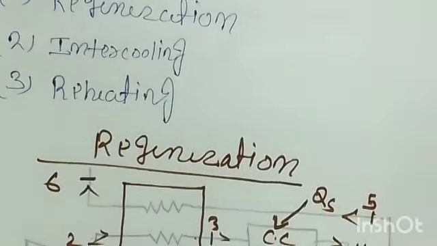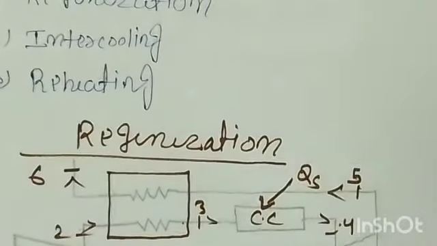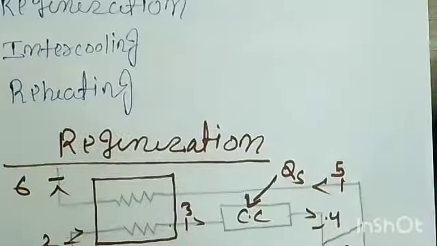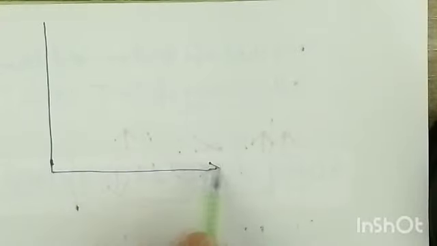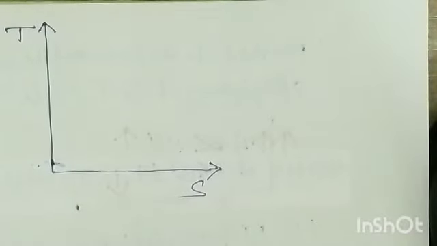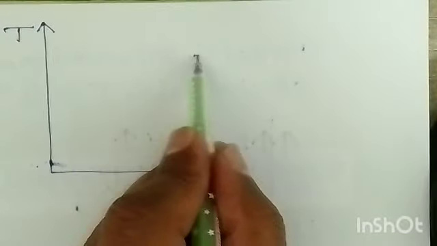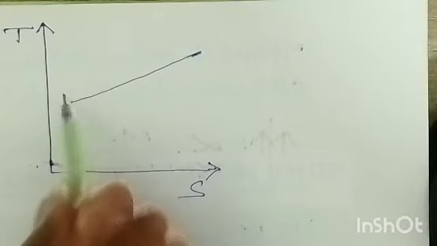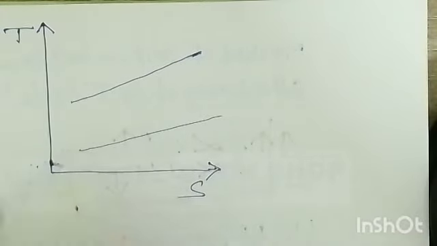Now let's draw the TS diagram of a regeneration cycle and see how it looks. This is your temperature and this is your entropy, right? Two lines are there, this is constant pressure and this is also constant pressure, right?